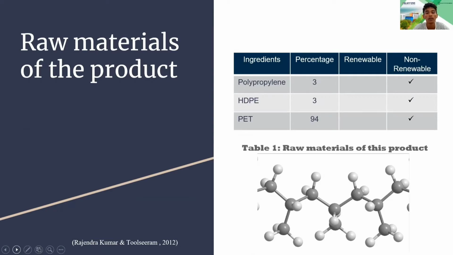The body of the bottle contains 94% of polyethylene terephthalate. The label of the bottle contains 0.5% of polypropylene and 2.5% of high-density polyethylene. All the raw materials are non-renewable. Then I would like to call my friend Nadira to continue the remaining part.